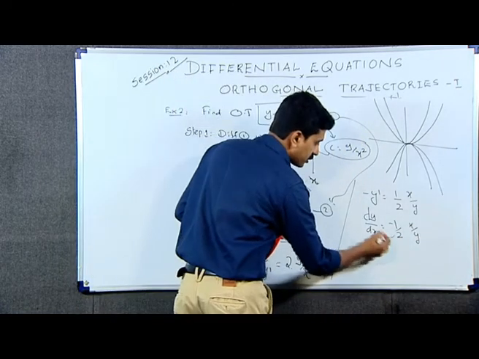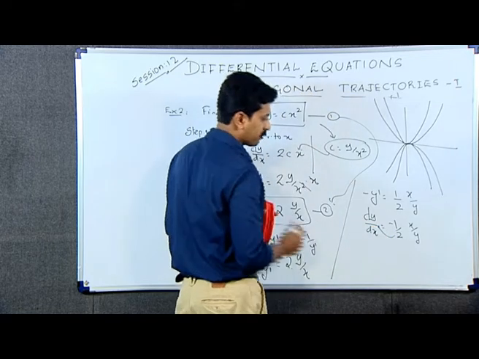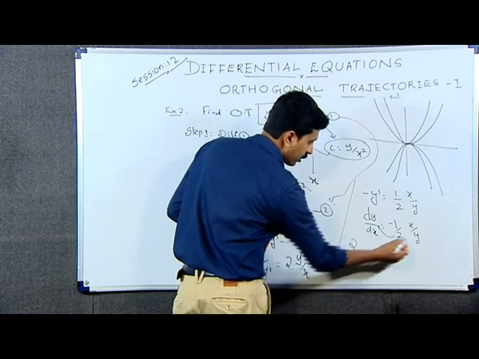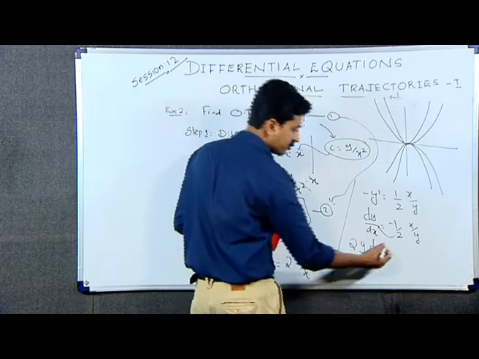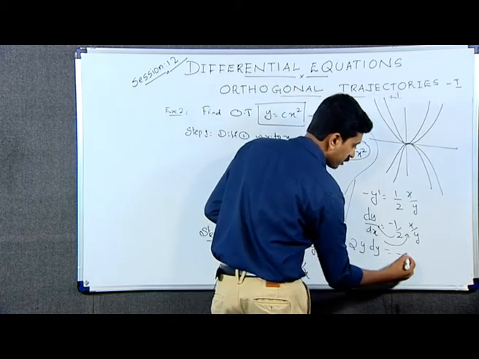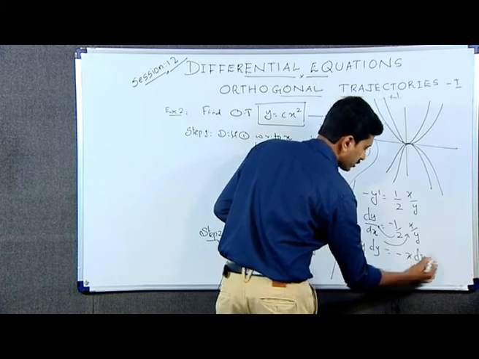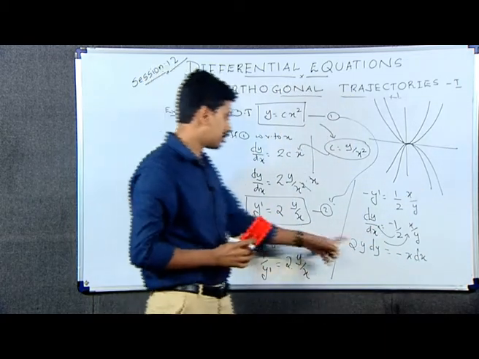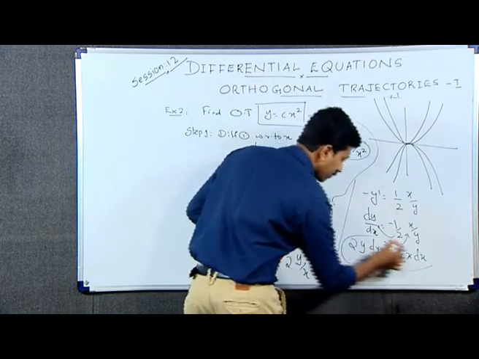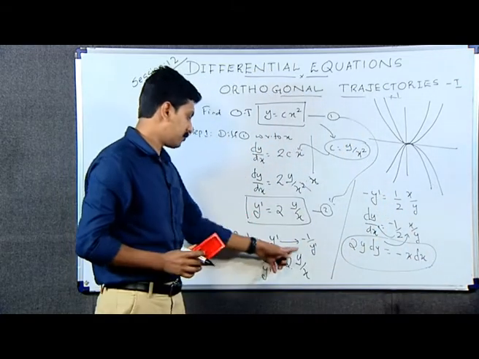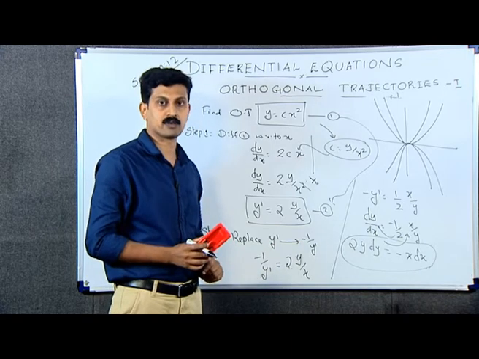I am taking the 2 and y to this side, so we will have 2y dy is equal to minus x dx. Now, this is a differential equation. We got this differential equation by changing y dash as minus 1 by y dash.